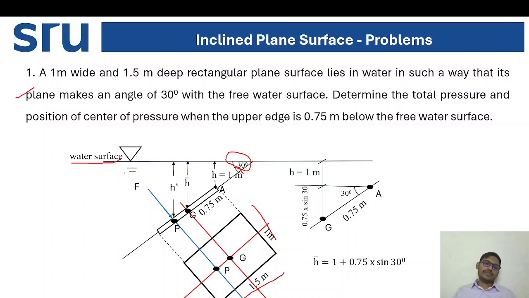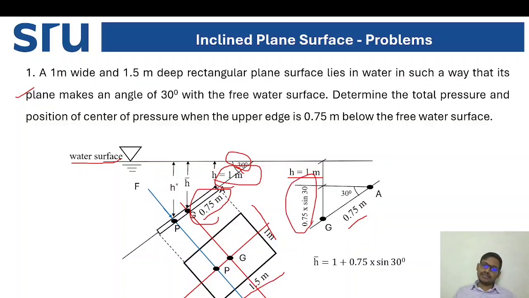Now look at the figure, H bar and H star. H bar, we know, is 0.75, where H is equal to 1 meter. Now we see H is equal to 1 meter and theta is equal to 30 degrees. This is 0.75, this is 30.